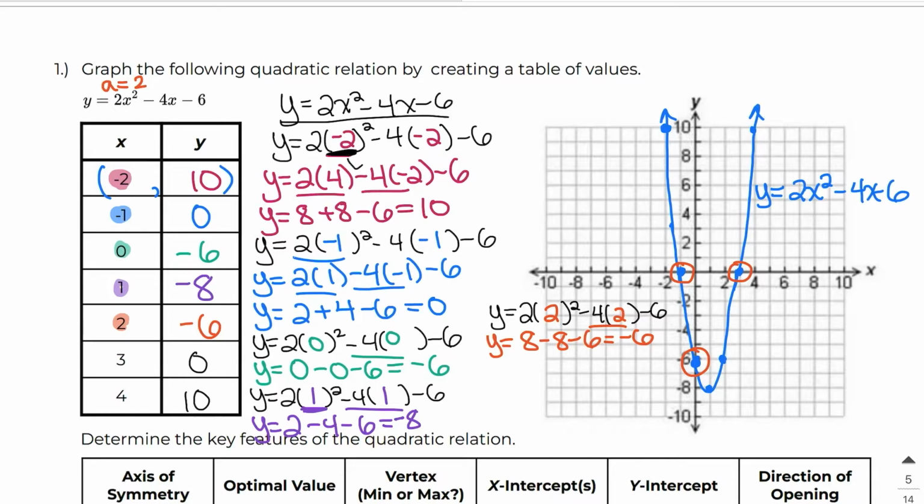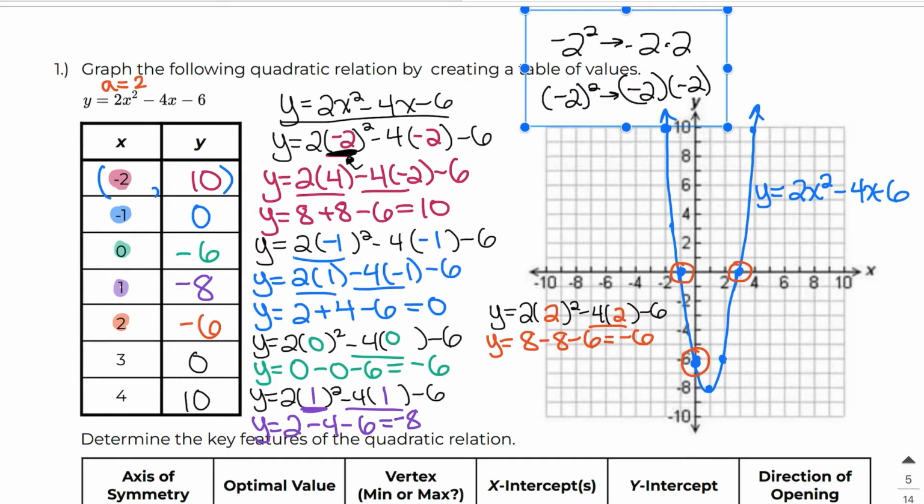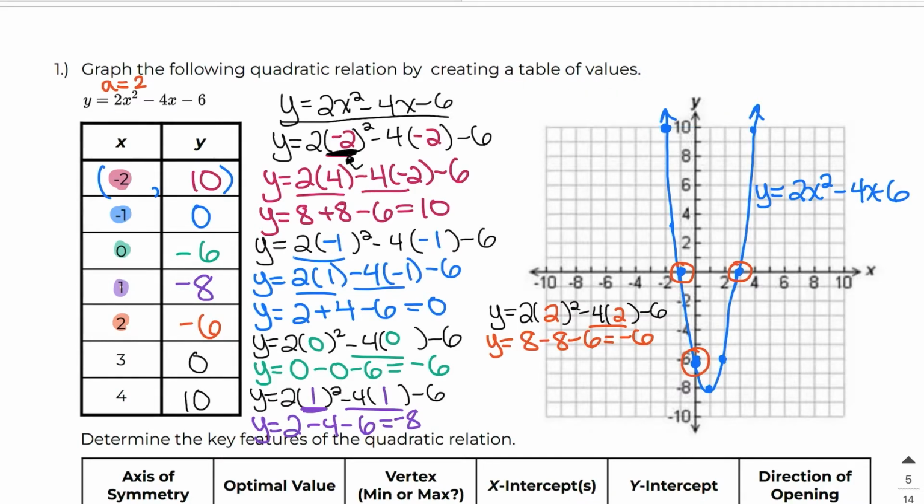I had to put it in brackets to show that the -2 is being squared. I'm doing -2 times -2. Without brackets, what I'm doing is I'm doing 2 times 2, and there's just a negative hanging out. But with the brackets, we're saying that it's -2 times -2. So anytime you have a negative number that needs to be squared, it has to be in brackets.